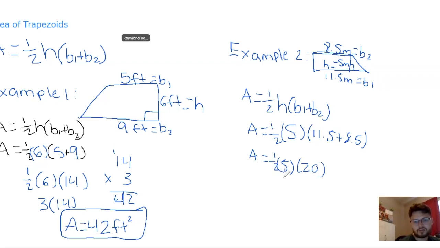So you could do half of 5, which would be 2.5, or you could do half of 20, which is 10, or you can multiply it all out and get 100 and divide that by 2. So I like to make things easy for me, so I would just do the 20 here. So we keep the 5, you do half of 20, which is 10, and that should give you 50 meters squared.